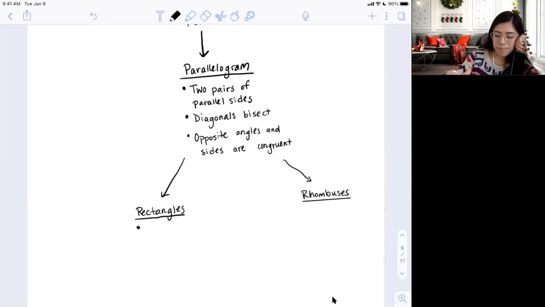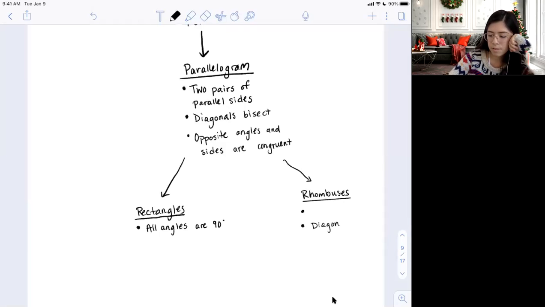All of its angles are 90-degree angles. Good. Beautiful. What about rhombuses? The diagonals are perpendicular. I'm going to do that as my second one. And they are angle bisectors. Good.